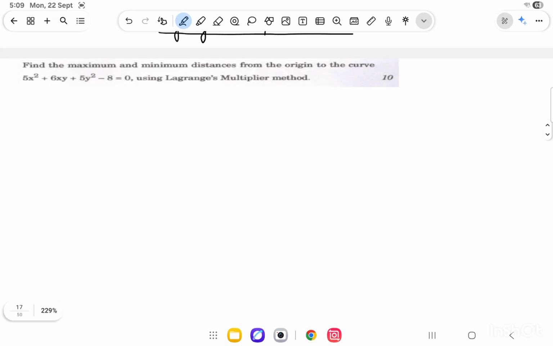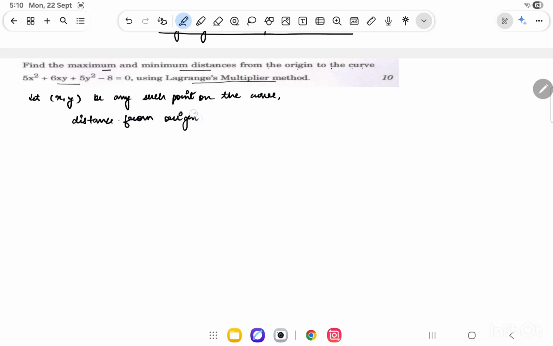Question 1 says: find the maximum and minimum distance from the origin to the curve using Lagrange's multiplier method. So we are supposed to find the points on the given curve where the distance from the origin is maximum and minimum.